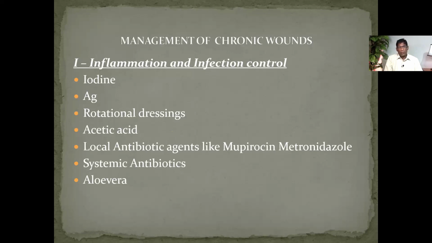Other topical antibiotics are not used in chronic wounds; you may use them in acute wounds, but it's not advisable in chronic wounds. Antibiotic sprays like Multisol are very helpful in the acute stage in some patients, but when you use them more frequently, resistance develops very rapidly.